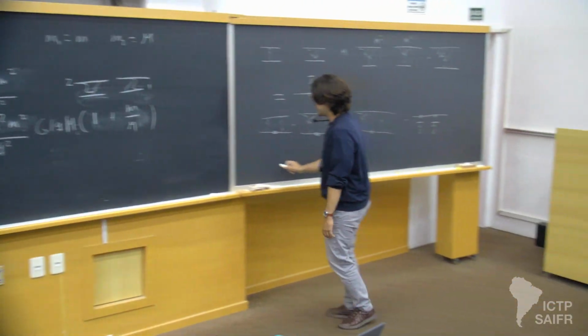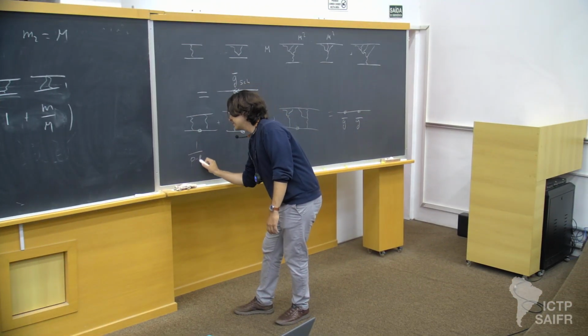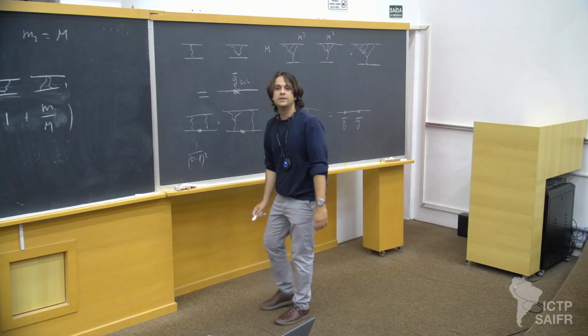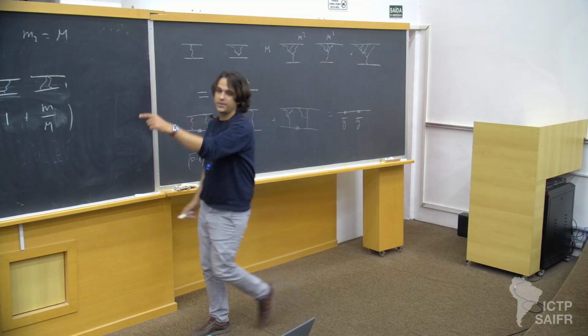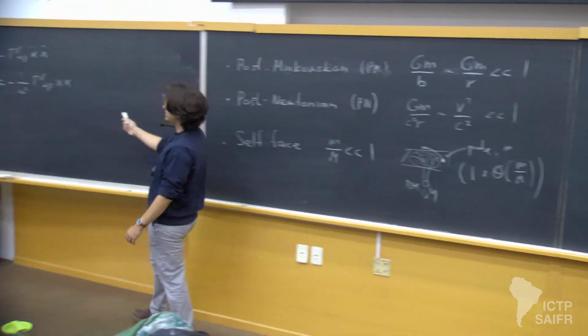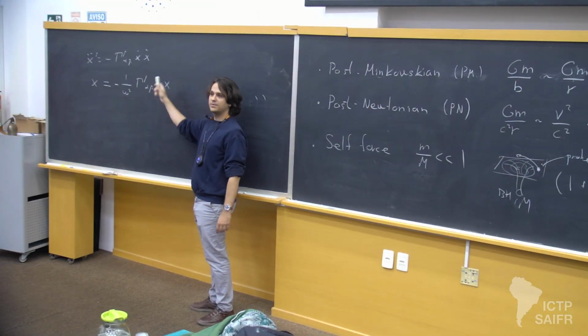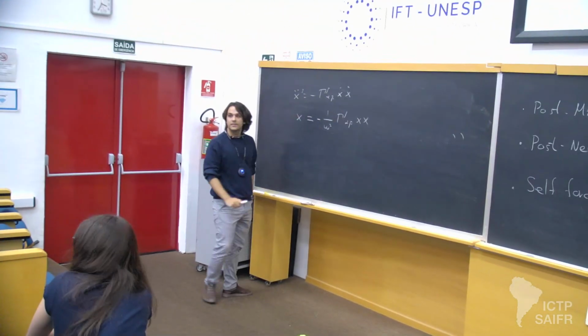Because if I expand to the subleading order, the leading order was 1 over p dot L, the subleading order is going to be 1 over p dot L squared. So that's precisely the frequency that would appear in the geodesic equation, right? So I just iterate this equation over and over again.